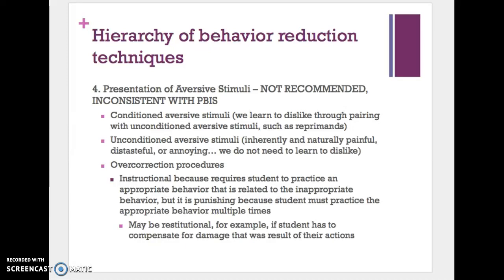So I recommend that you go back and look at the differential reinforcements that are least intrusive and fit with positive reinforcement, because we're not recommending adding any aversives to our projects. We don't want to add any major punishers because we're teaching those positive behaviors. We can add consequences that are consistent with what is happening in the classroom.